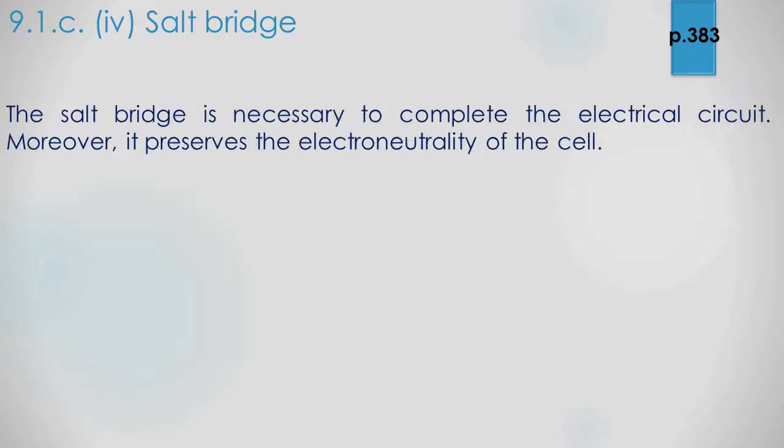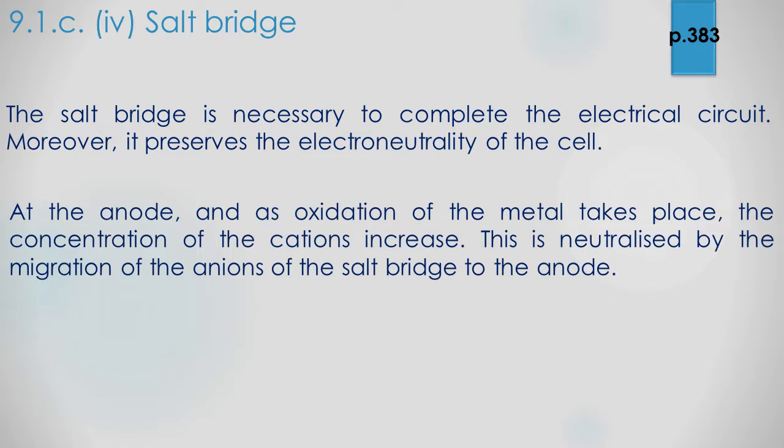What are the roles of the salt bridge? The salt bridge is necessary, as we said before, to complete the electrical circuit. Not only that, it preserves the electroneutrality of the cell. At the anode, when oxidation of the metal takes place, the concentration of the cations will increase.